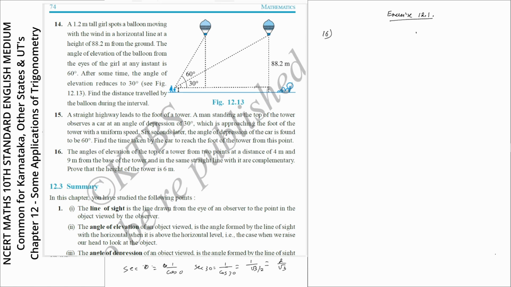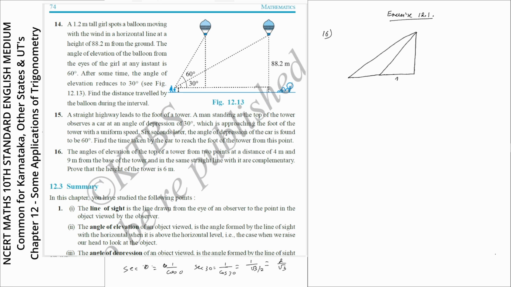So there is one tower and the angle of elevation is not known. From the foot of the tower at a distance of 4 meter, and again in the same direction at a distance of 9 meter, there is some angle of elevation to the top of the tower.